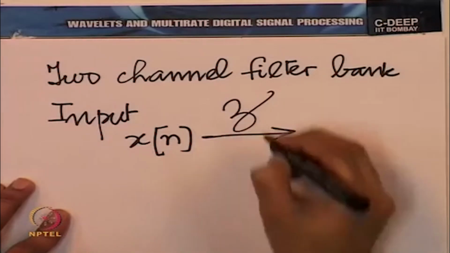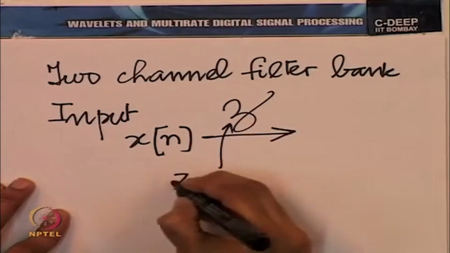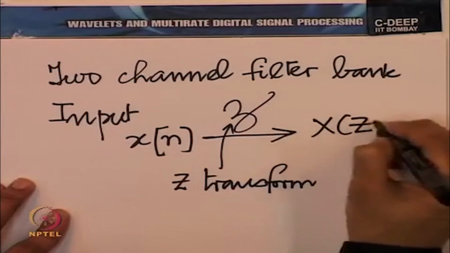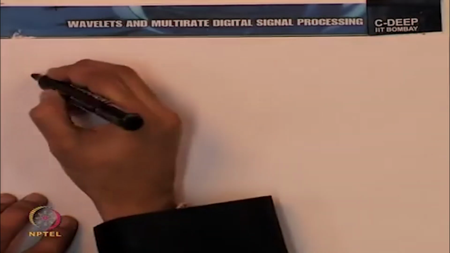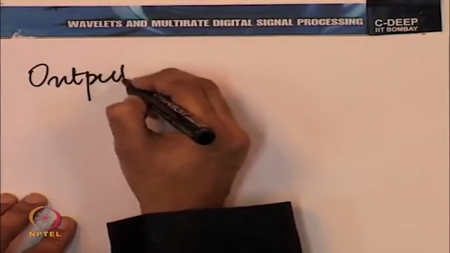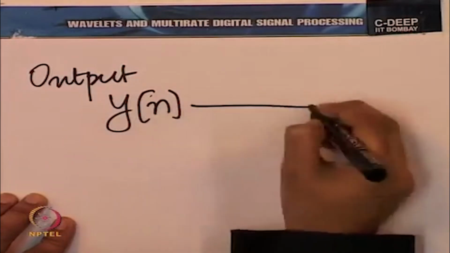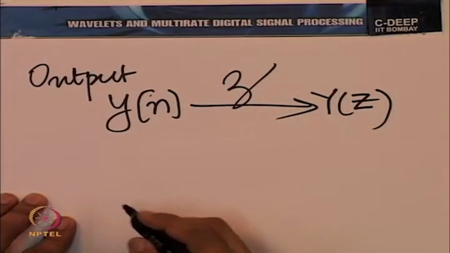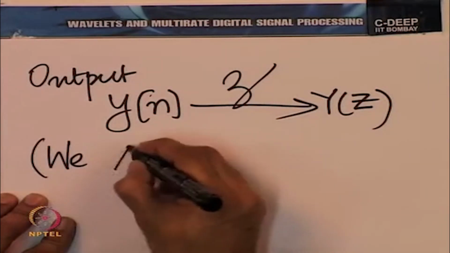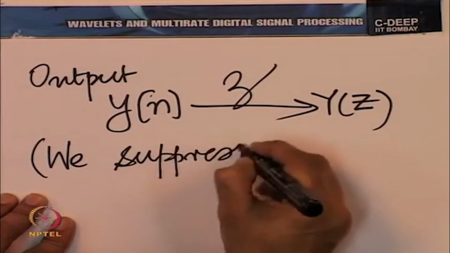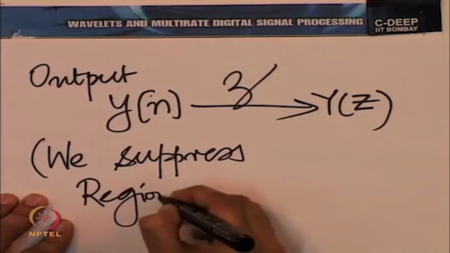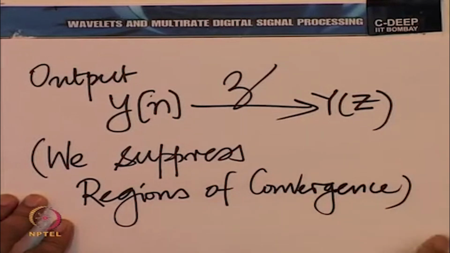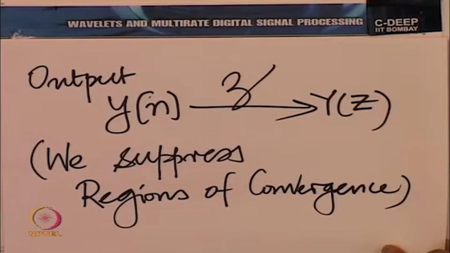Now, I will use this script Z to denote the Z transform, capital X Z, output y n with Z transform, capital Y Z. Now, incidentally, we suppress the regions of convergence. So, we do not explicitly mention the regions of convergence.